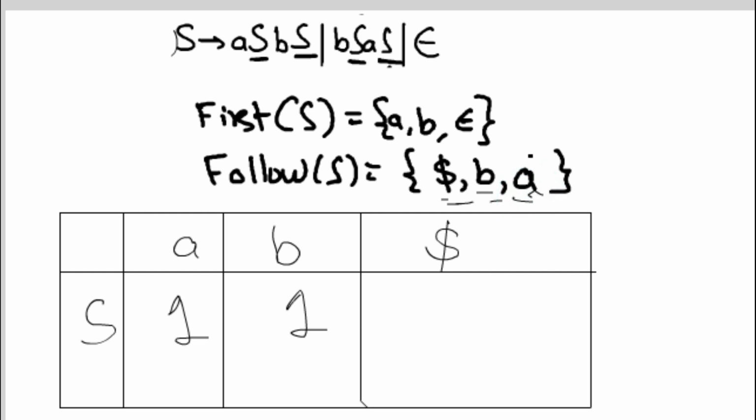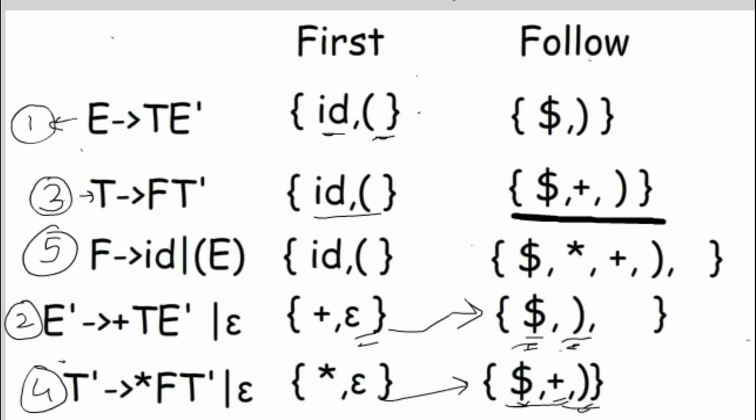Okay, in this case, what you have to do is, if you look at the follow, you can see that there is a dollar. So in this case you have to write 1, but there is also B and there is also A in the follow. So we have to write 1 again and 1 again. So in this case what we can see is the first and follow are overlapping. In the previous answer we can see that there was no overlap between first and follow.